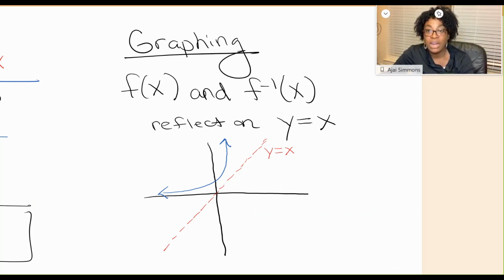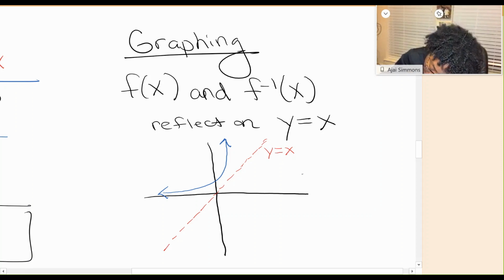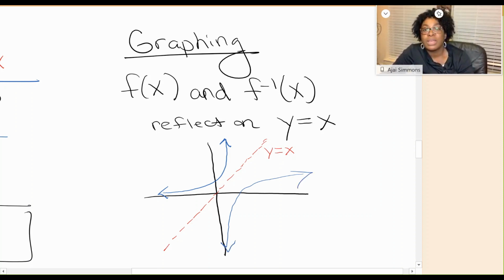If I had a graph that did that, and you'll actually see this in probably the next video, this is called an exponential function, then its inverse is going to be somewhere down here. Okay. These are inverses of each other.